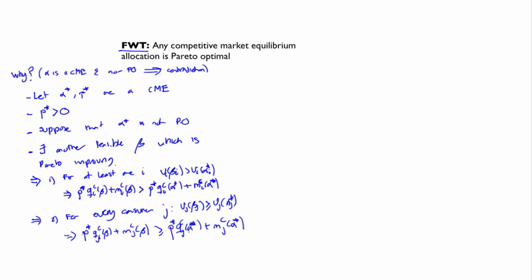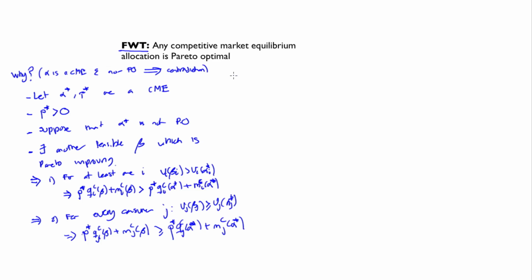Now, why does this have to be the case? Because if this condition was violated, the individual would also not be maximizing at the allocation alpha star that we are arguing is a competitive equilibrium. So as long as alpha star is a competitive equilibrium, these implications follow.